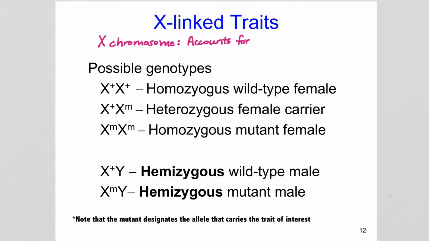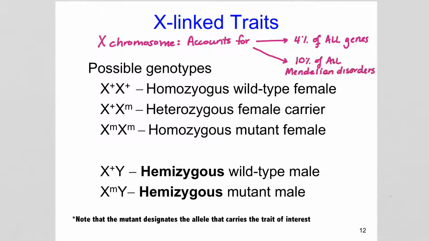And when thinking about the X chromosome, it accounts for 4% of all the genes in our genome. But interestingly, it accounts for 10% of all Mendelian disorders.